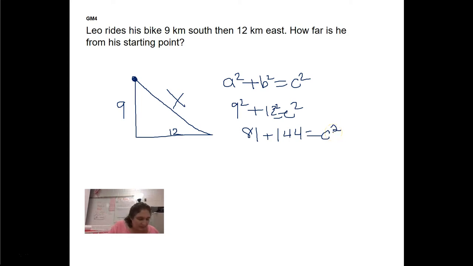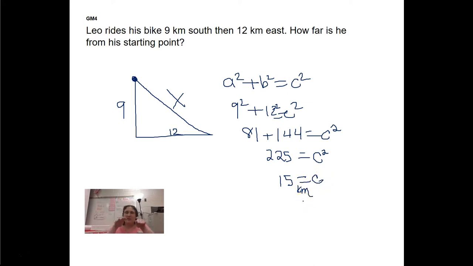And I'm not doing any more of that math. Out the calculator. 225. Oh, I knew that. Equals c squared. Take the square root, and I think it's 15. Yeah. So he is actually 15 meters away.